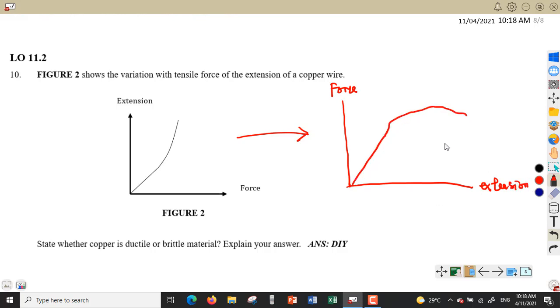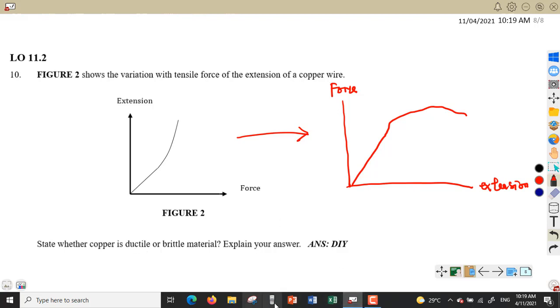If you find out, it's harder to get information from the graph, because in the notes or in the summary video we normally plot the graph of force against extension. So this is the graph. State whether copper is a ductile or brittle material. Explain your answer.